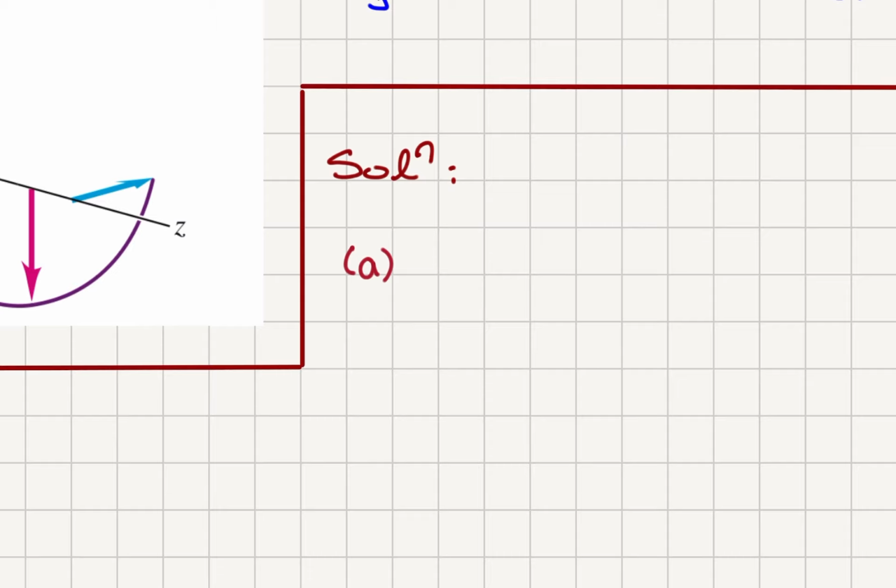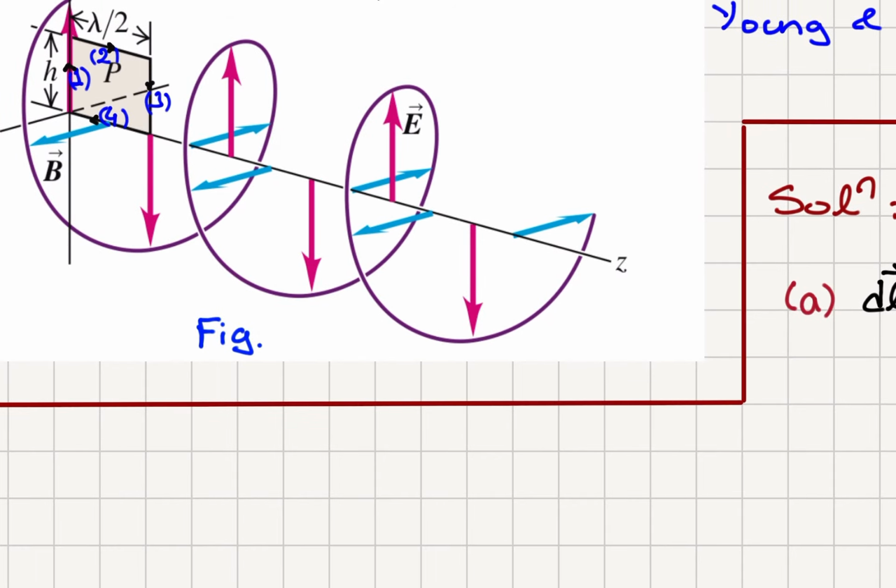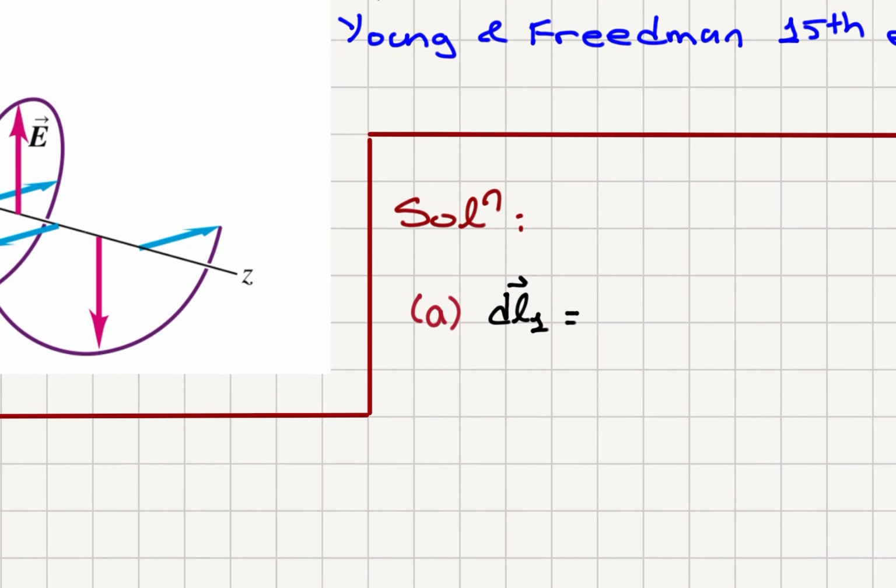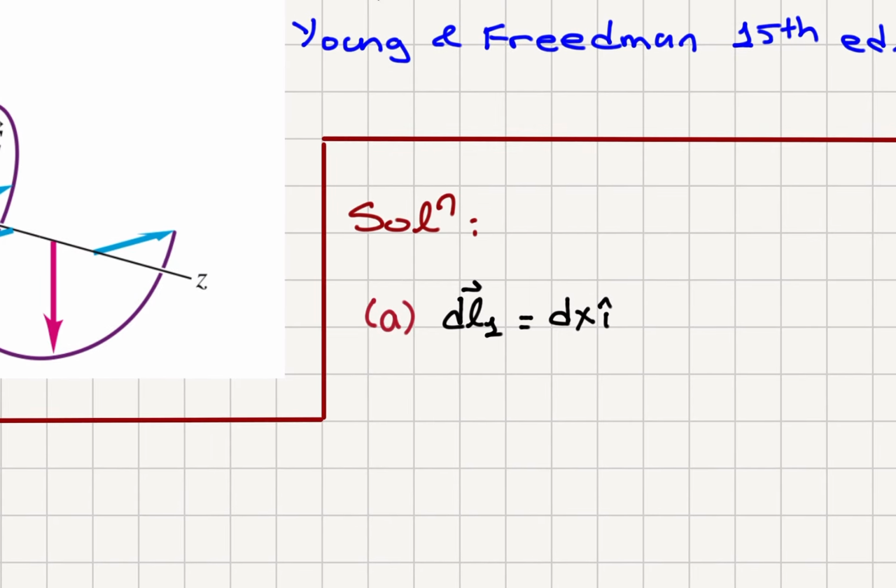So for the first path, dl1 vector, we are moving on the x-axis from 0 to h. So dl1 vector is dx i hat. Along this path, z is equal to 0, y is equal to 0, x goes from 0 to h. All right, so that's the first portion.